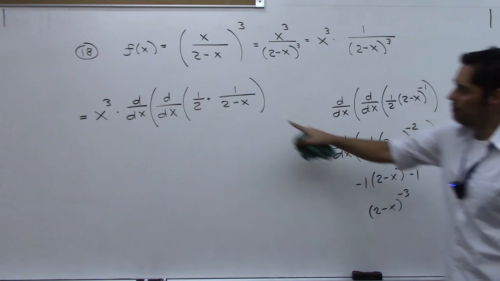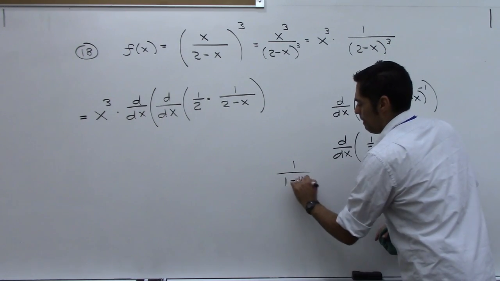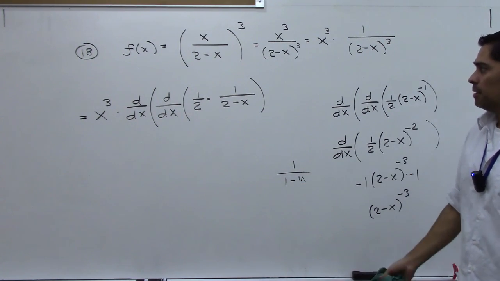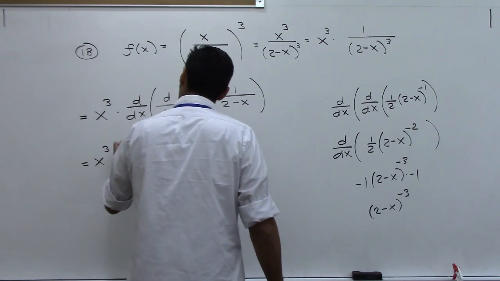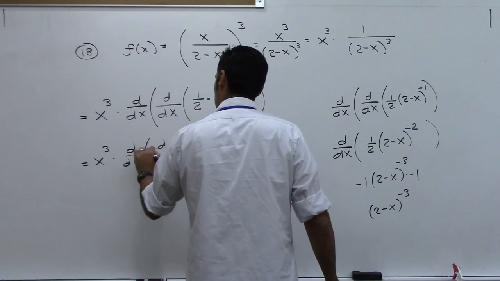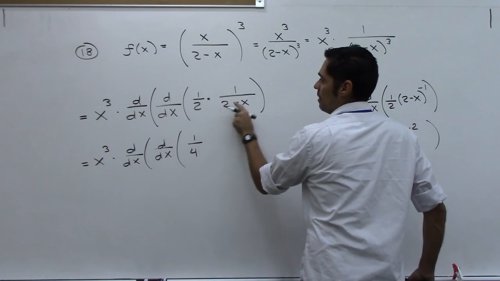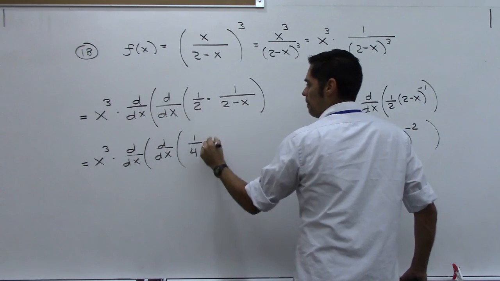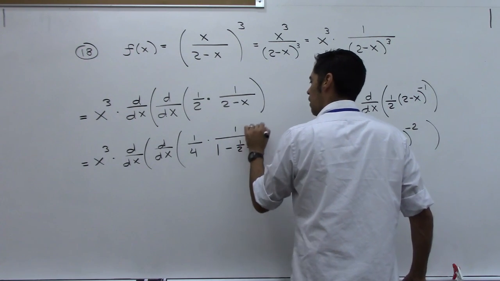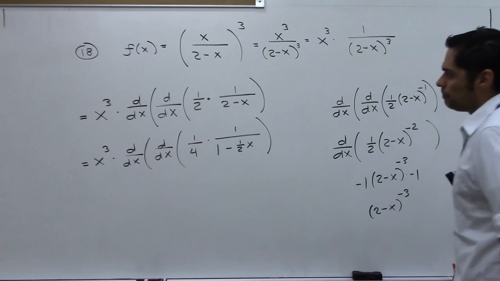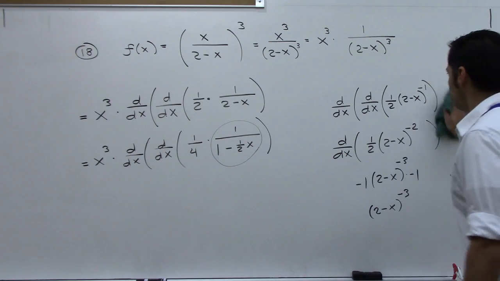The reason I did that is because I'm about to rewrite this using a power series, but I've got to make it look like that first. So let's rewrite this as x cubed times the second derivative with respect to x of 1 over 4. I pulled a 2 out of this and popped it out here with this 2, and when I pulled the 2 out, I would have been left with 1 minus 1/2 x, like that. And now for this piece, I can do a power series.